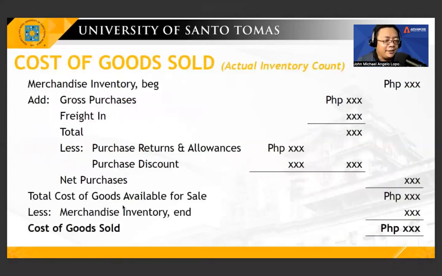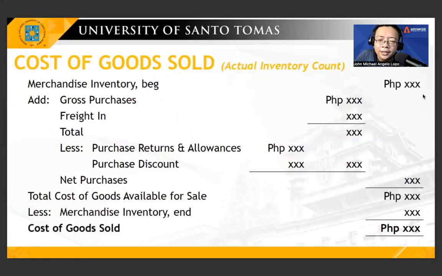Ito na yung, class, sinasabi ko kanina about in computing for the cost of goods sold. Medyo mahaba na siya. Beginning inventory, you add the purchase, you add the freight in para makuha mo yung cost of purchase, ima-minus mo yung binalik mo, and also purchase discount. Ito na yung net purchase.